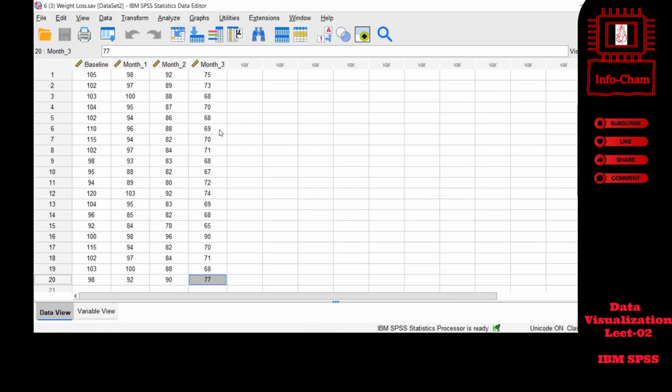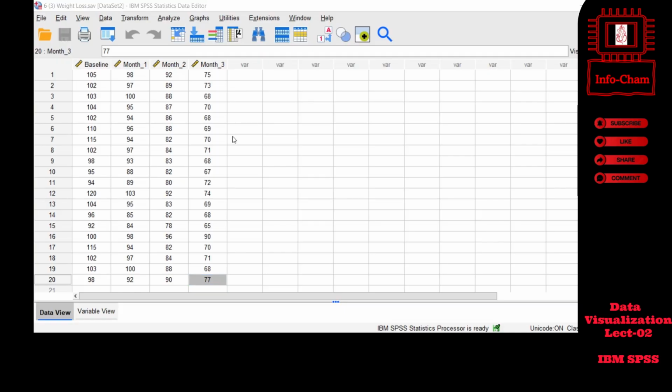Please let me know. All data is which type? Scaled, right? In this example, all data is scaled, meaning numeric and continuous type of value, right?